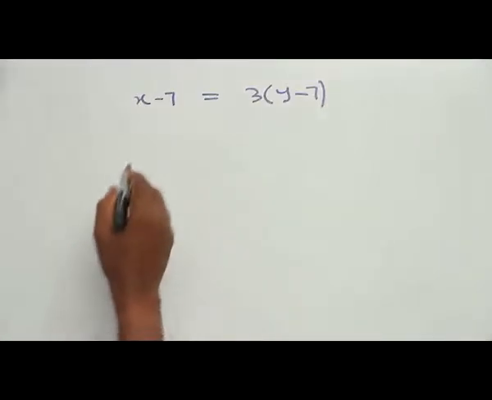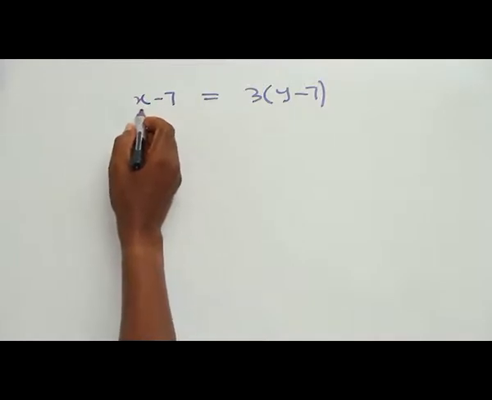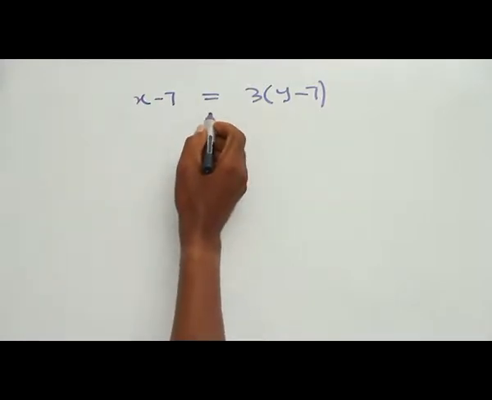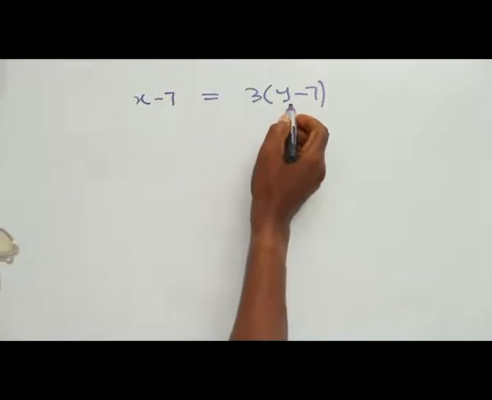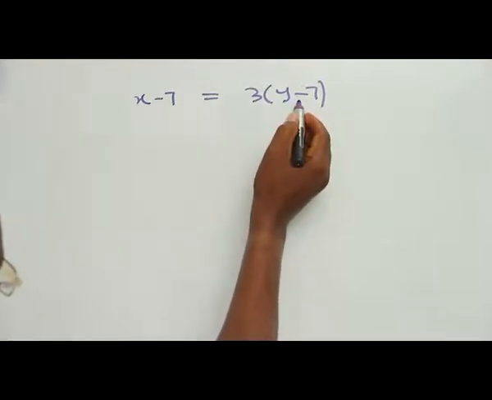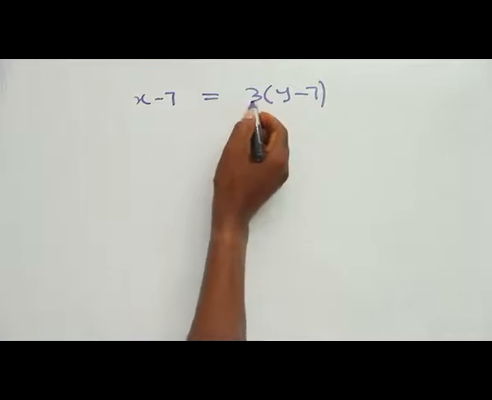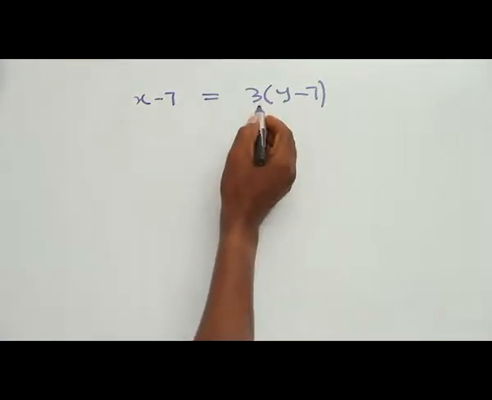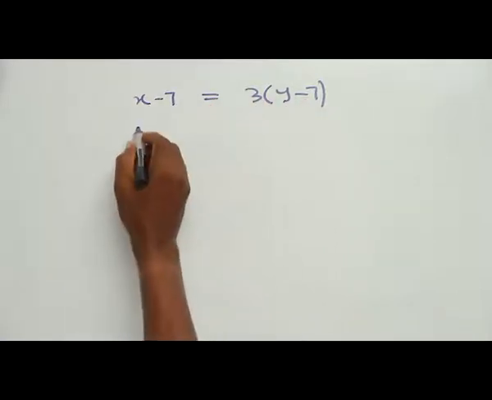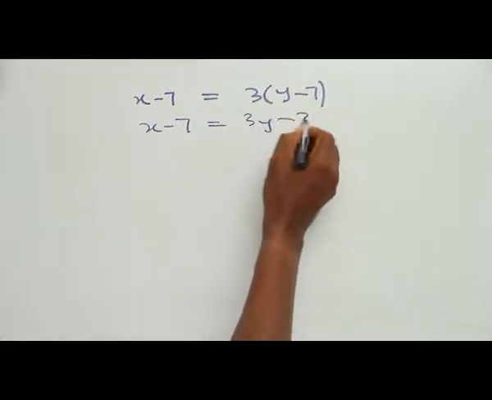The instruction says that 7 years ago, this is the father's age, and the age was equal to 3 times the age of the son. And so this was the age of the father 7 years ago. This is the age of the son 7 years ago, but they are equal because the age of the father is 3 times the age of the son as at that time. Working this out, we have s minus 7 is equal to 3y minus 21.